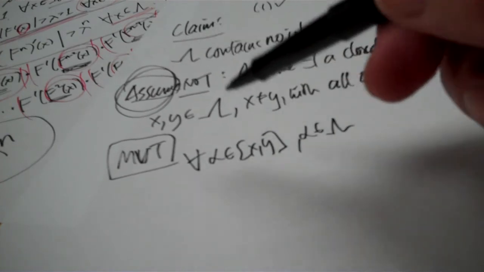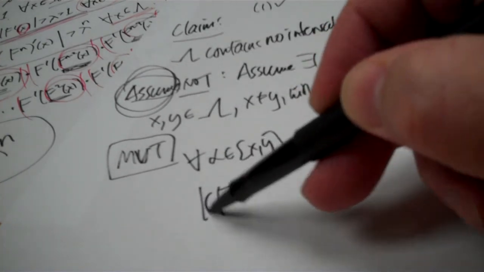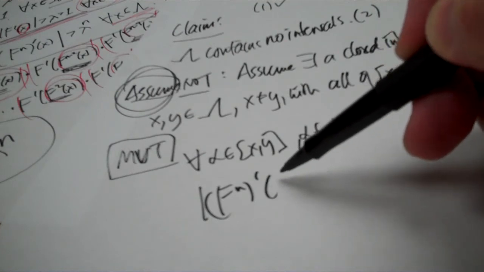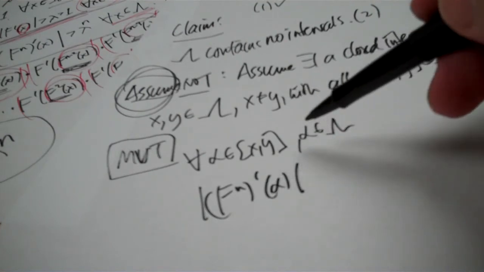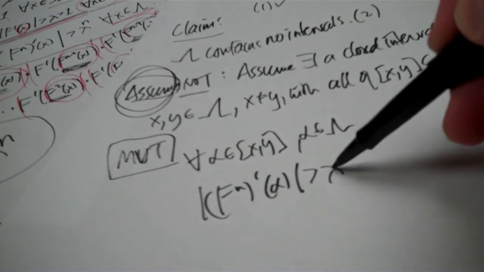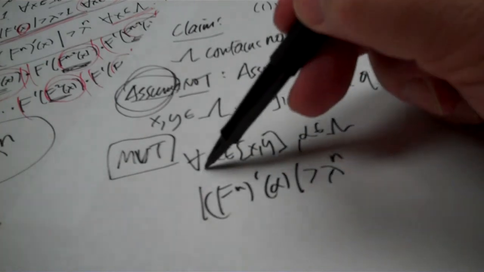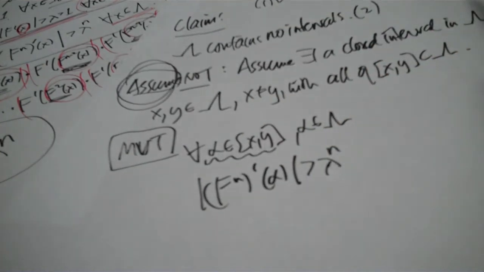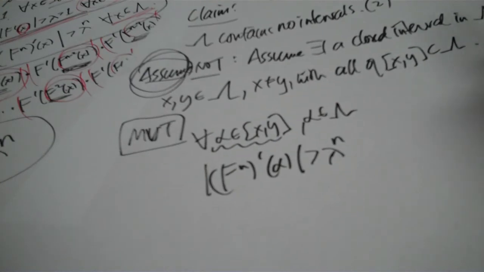So that means all that stuff that we said before is that the derivative of the nth iterate applied to that alpha is going to be greater than lambda to the n for any alpha that's in between those two, because we're claiming that the whole set is in lambda.